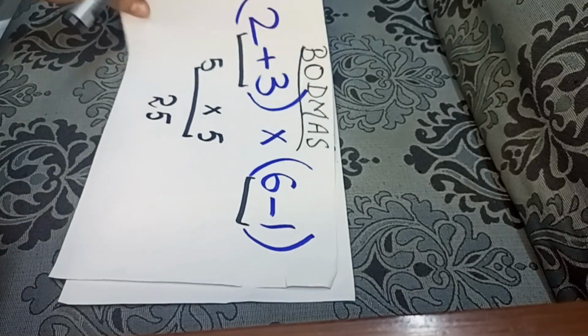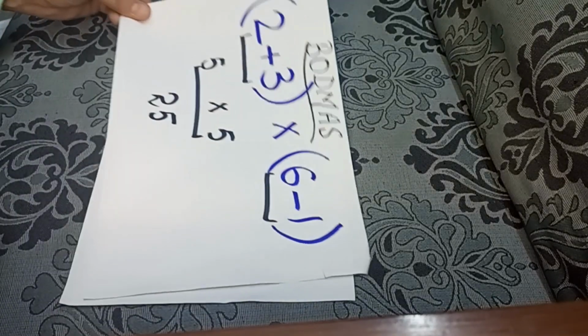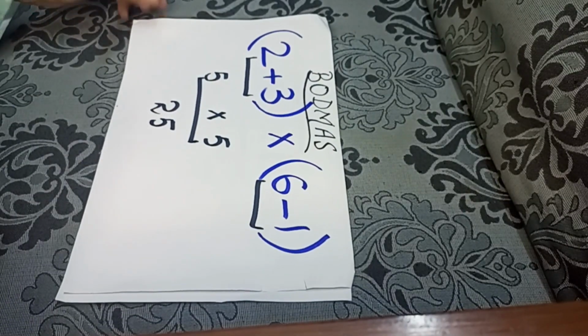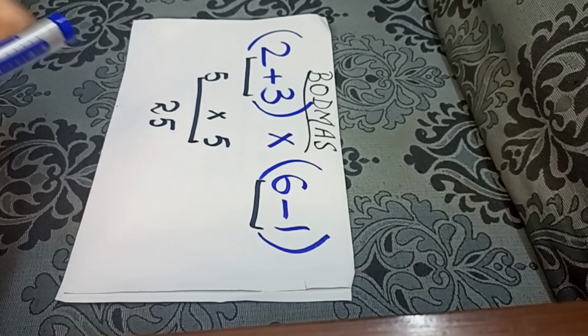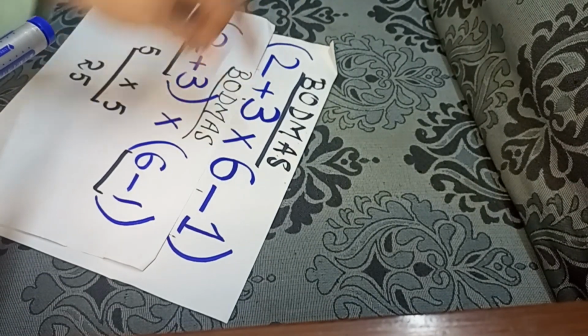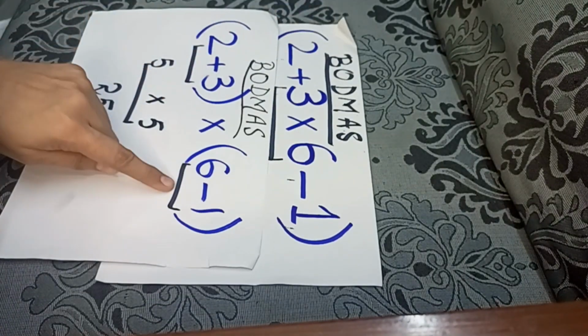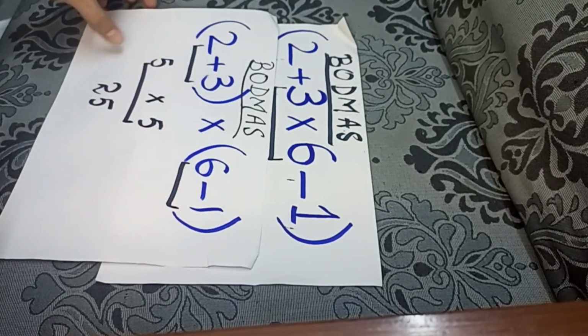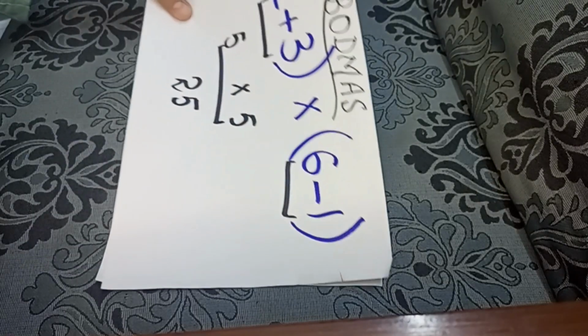You can see the same equation with two different methods. What is the difference between these two equations? We have just one bracket here, and in this question the equation is divided into two different brackets.